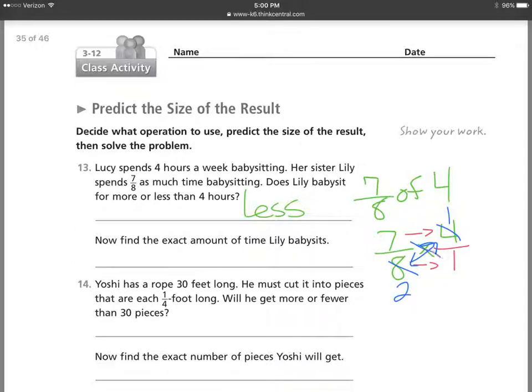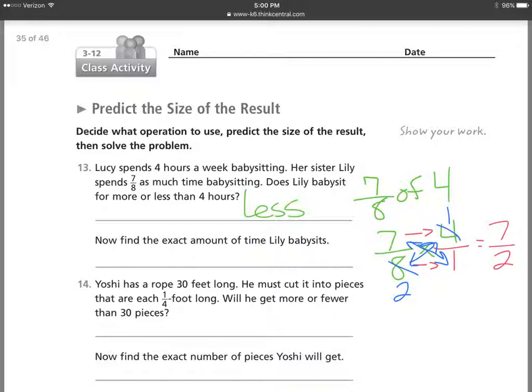I'm going to look at my 7 and 1, and as soon as I see a 1, I know there's nothing I can do. I can also look at my 7 and my 2 and see if there's anything I can do there. And I can look at my 1 and my 1, which there's nothing there to do either. So now I can multiply straight across. 7 times 1 equals 7, and 2 times 1 equals 2. And I have an improper fraction, and I need to fix it.